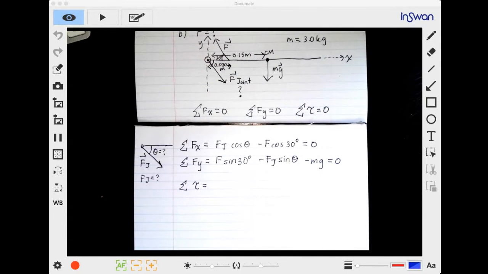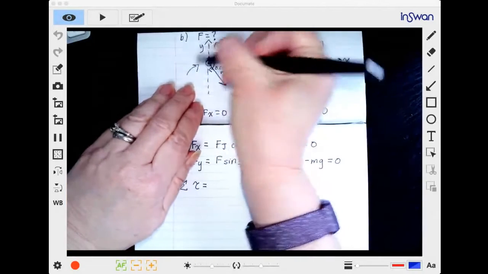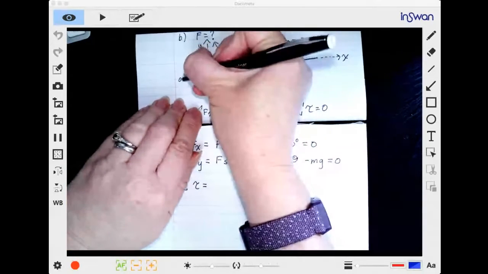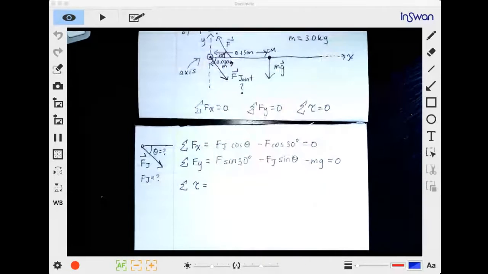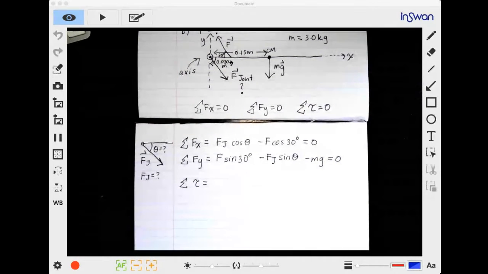Now for torque, the first thing you do when you're trying to figure out torque is choose an axis, and we're going to choose our axis to be the elbow here.